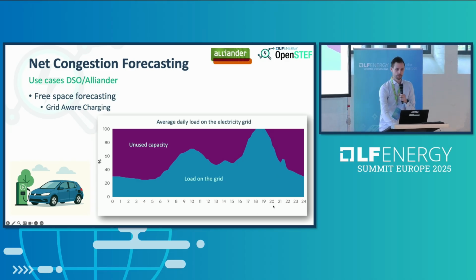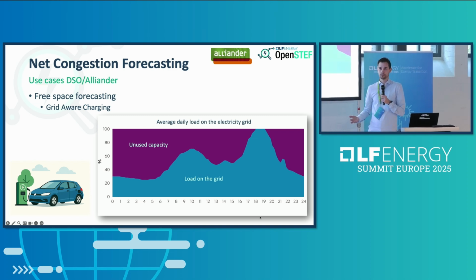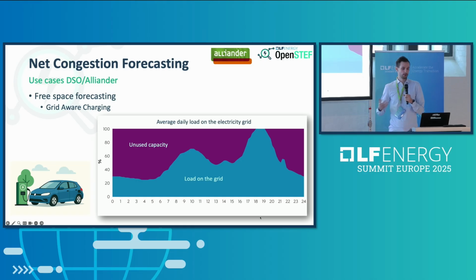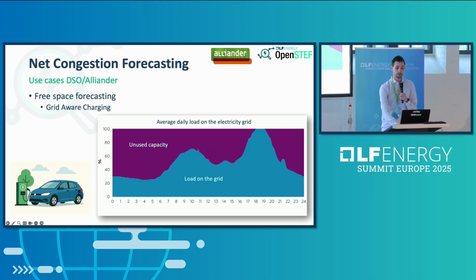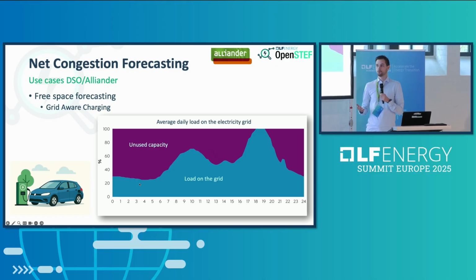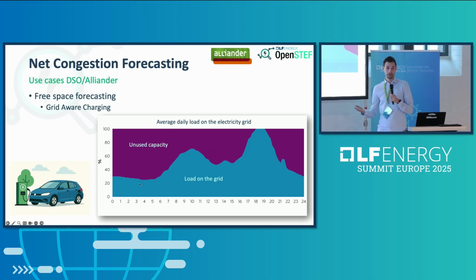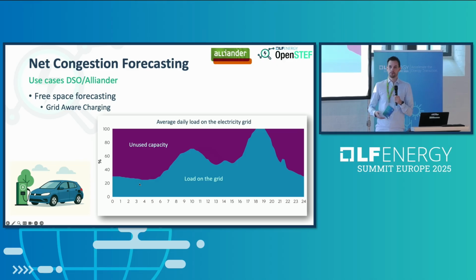Here, for example, during the evening when people come home from work, they start to charge their electric cars, start cooking, and use a lot of electricity, and that's the limiting factor. But at these other moments, there's quite some capacity left. So we want to better utilize that.